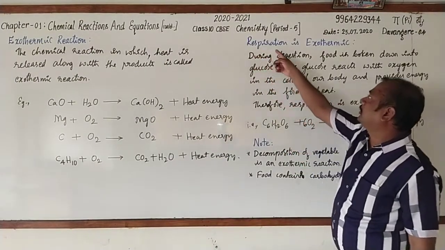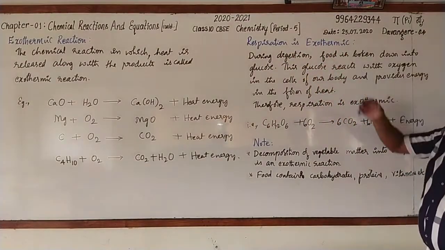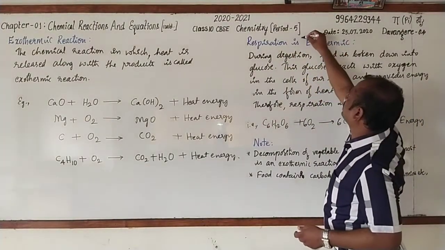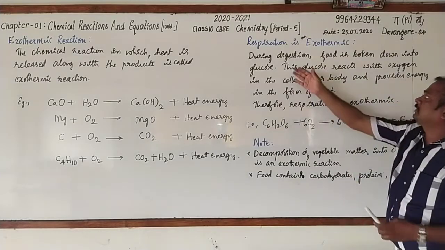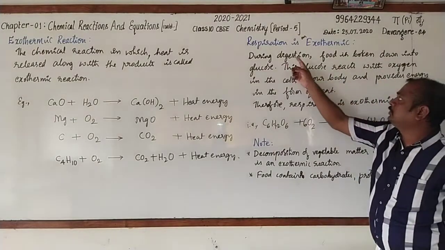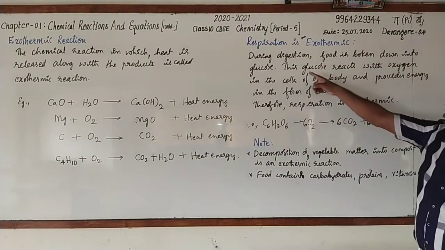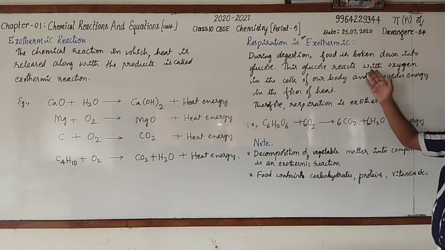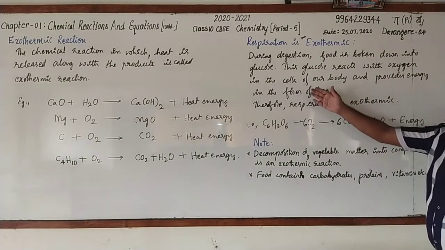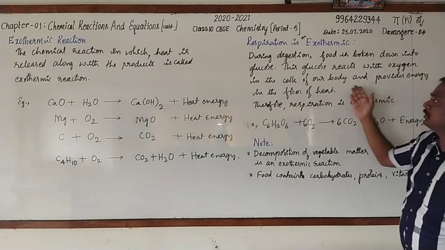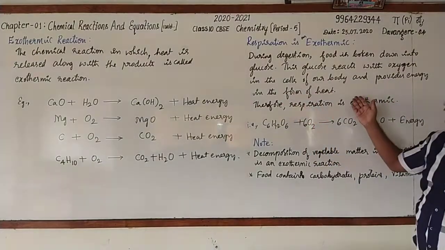Here I have written about respiration. Respiration is an exothermic reaction, right? So that explanation has been written. During digestion, food is broken down into glucose, and this glucose reacts with oxygen in the cells of our body and gives out the energy in the form of heat.